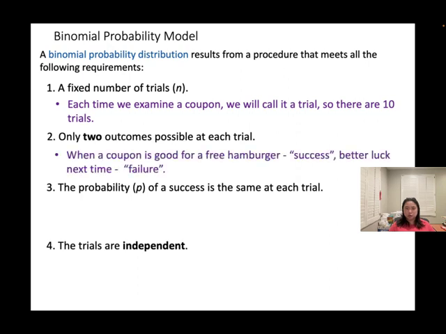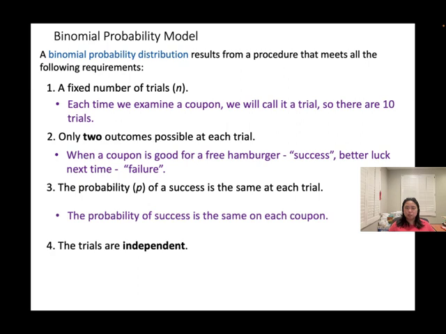Remember that when you get the coupon, either you get a success, meaning you get the free burger, or a failure, meaning better not next time. So you only have 2 outcomes, success and failure. For this example, we are looking for 4 of you winning the free burger. So winning the free burger, we consider this a success, and better not next time is the failure.